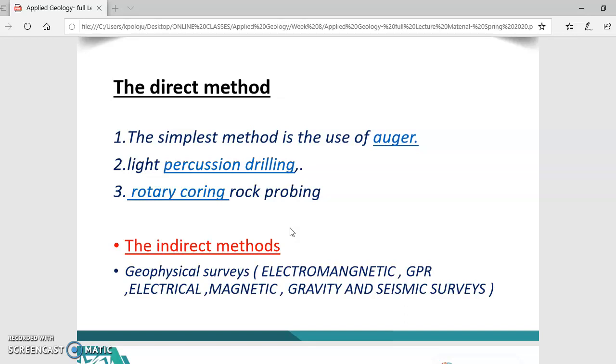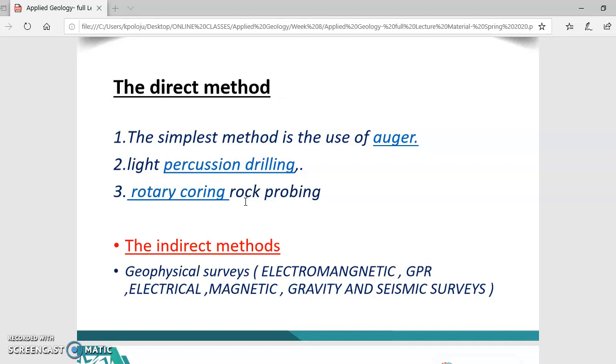The direct method is the method in which there is direct contact with the ground. The simplest methods are the use of auger, light percussion drilling, rotary coring or rock probing. These are the different methods under the direct method, which are in direct contact with the ground.